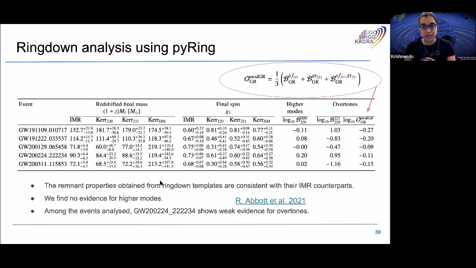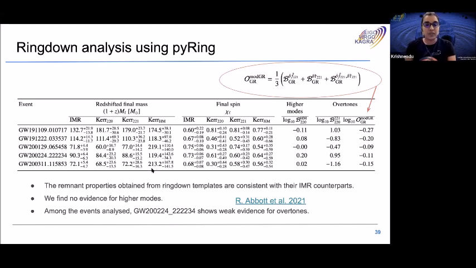And from these Bayes factor values, what we can see is that the remnant black hole properties we infer from these templates, the Kerr220, Kerr221, and Kerr-HM, are consistent with the ones we infer from the full IMR template.